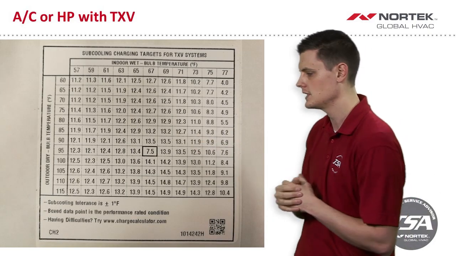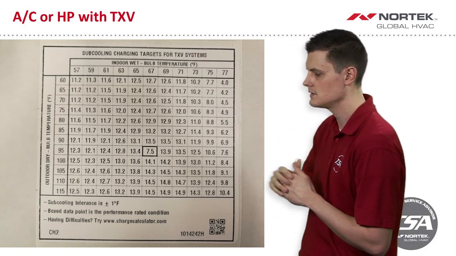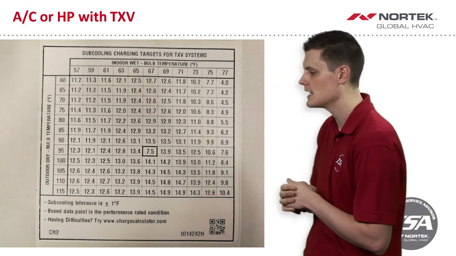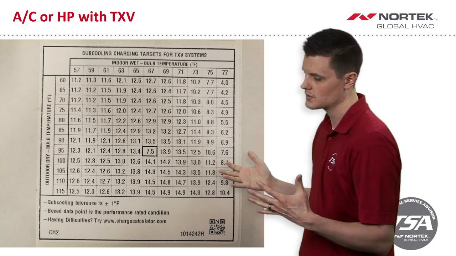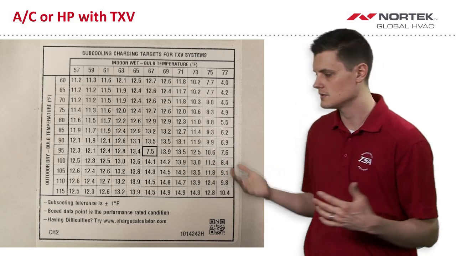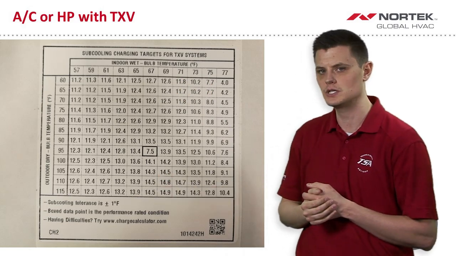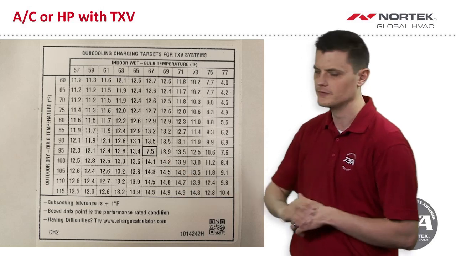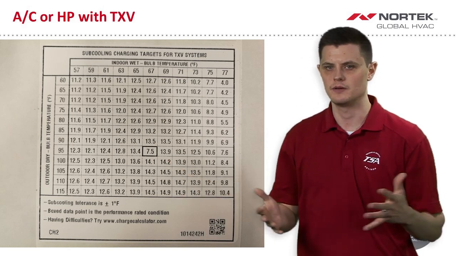The next chart we'll take a look at here is for a TXV-driven system. Again, on all these charts, the indoor wet bulb is going to be at the top. This is for a cooling mode application, from 60 to 115 degrees ambient temperature, and these numbers will reflect a subcooling number.